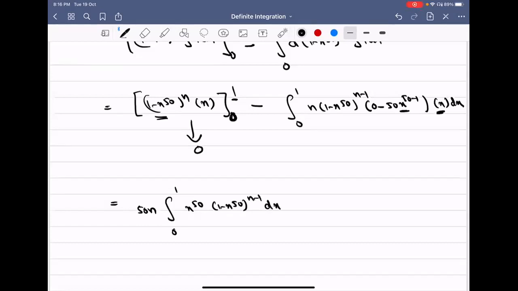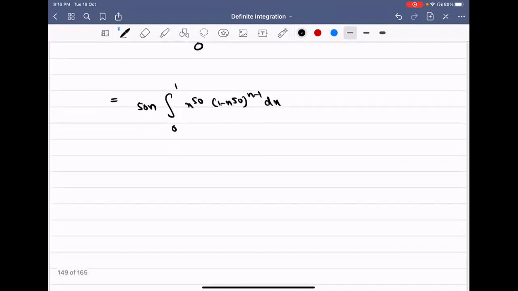In the next step, In is equal to 50n into the integration of 0 to 1. Write this x power 50 as 1 minus (1 minus x power 50).